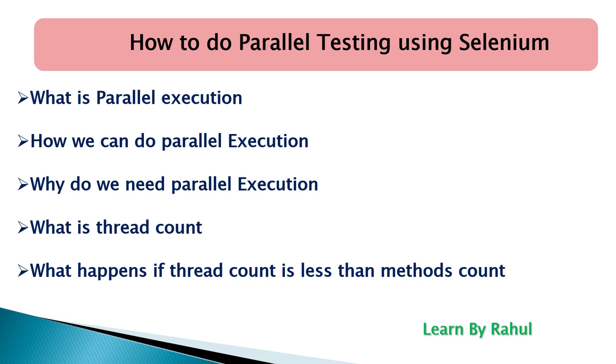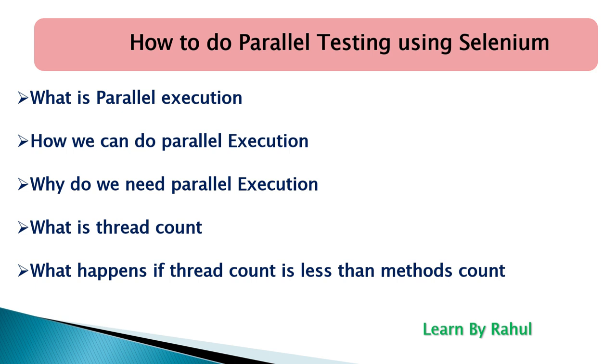Parallel execution is nothing but, let me take a very good example: if you want to run 100 test cases. As we know, Selenium WebDriver runs the first test case, then the second, so it will take time.